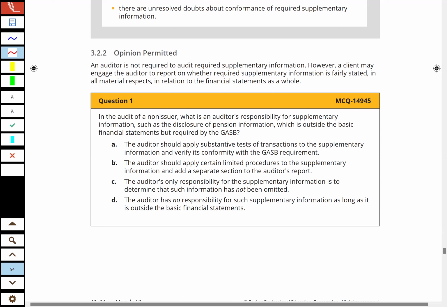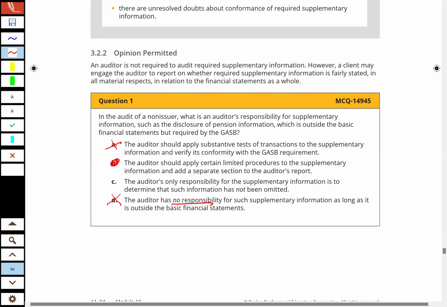And we talked about the procedures that the auditor would perform around that supplemental information. So the opinion doesn't cover it, but it is not true that the auditor has no responsibility, because it's close enough to the financial statements that we have to look at it and see that it's there. We aren't going to apply tests to it.